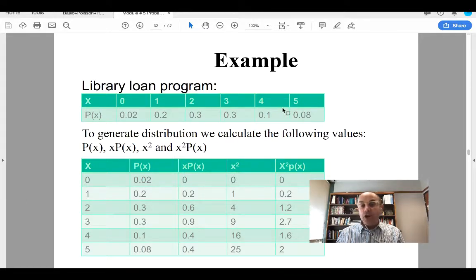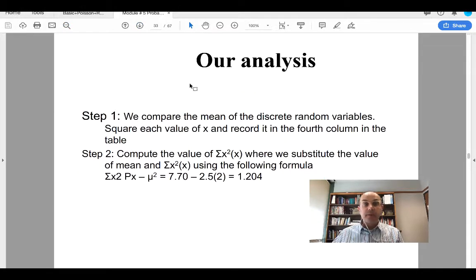To generate the distribution, we calculate the following values: P(x), x multiplied by P(x), x squared, and x squared multiplied by P(x), in order for us to calculate the idea behind it and what it stands for.